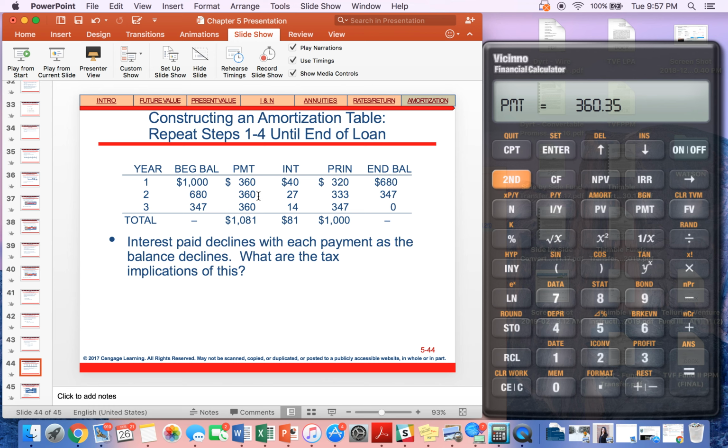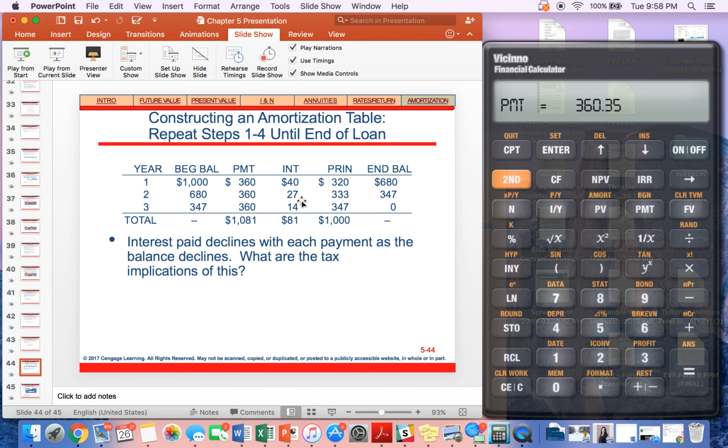We know our payment is still the same. It's still that 360 figure. So we're going to take the beginning balance, that $680, and multiply it by 4% because that's the rate on our loan, and we're going to get an interest payment of $27, okay? So that's step 2.